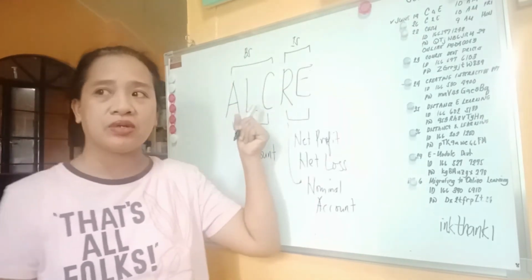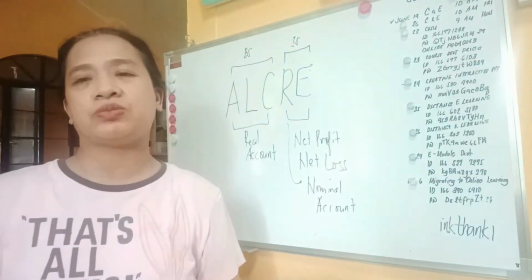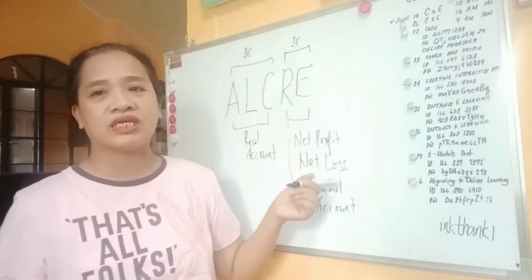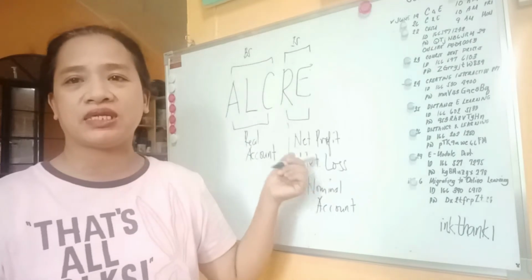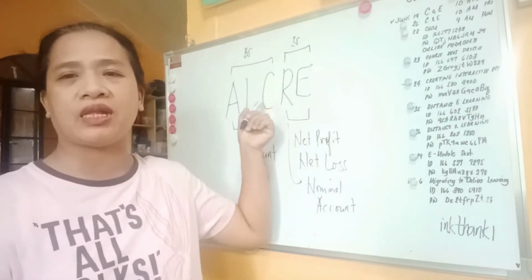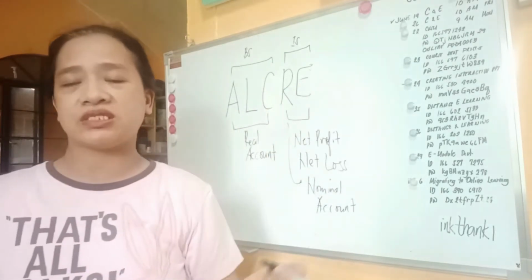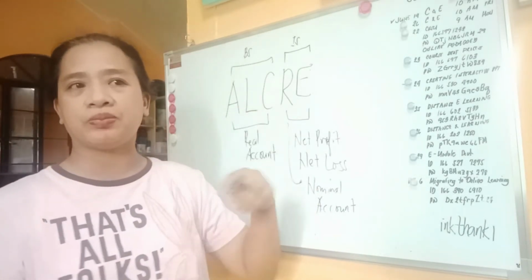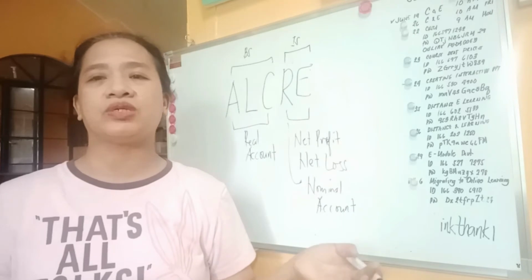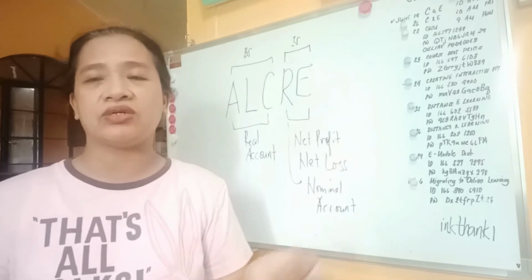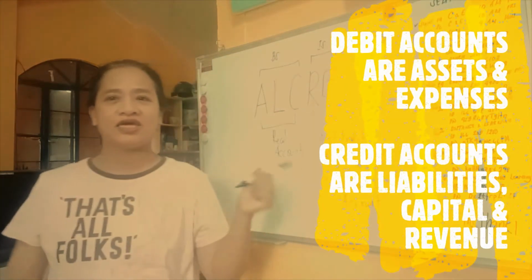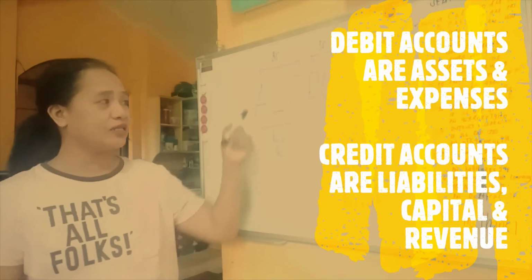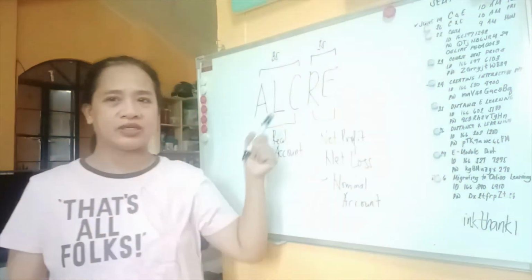If you are dealing with a sole proprietorship or partnership, you add back the net income to the capital. But if your business is a corporation, instead of adding it back to the capital, you put it in a new account which is called the retained earnings. Okay, another thing. So again, let's go with the ALCRE rule.